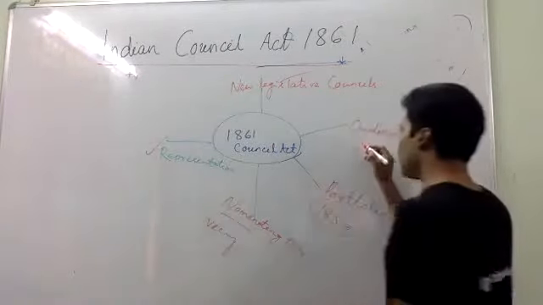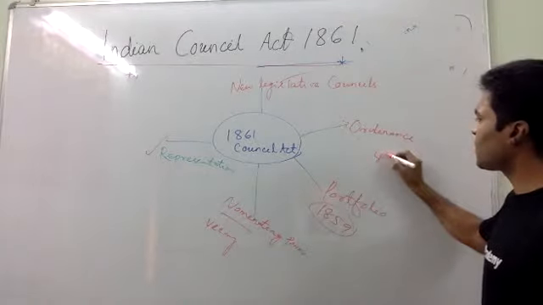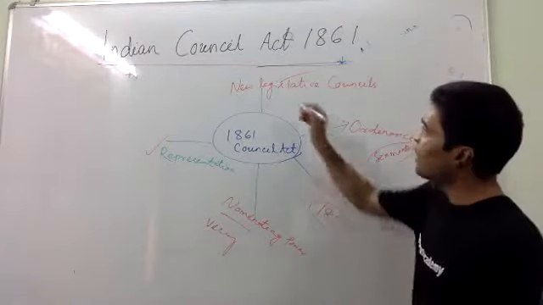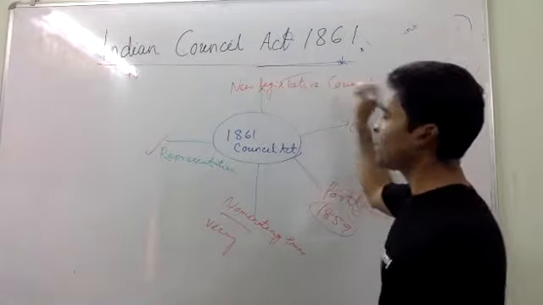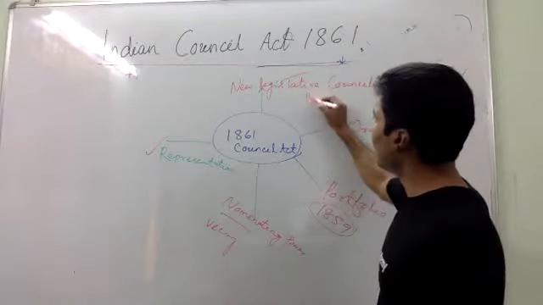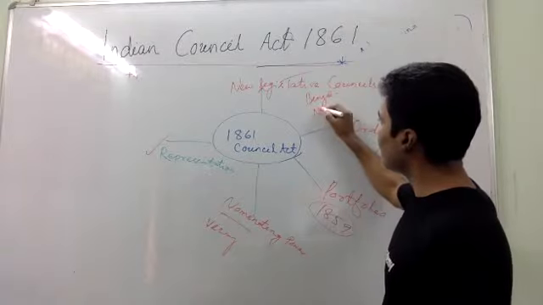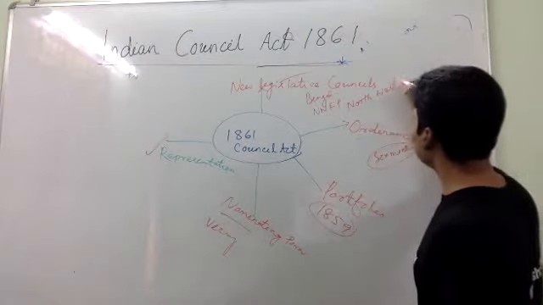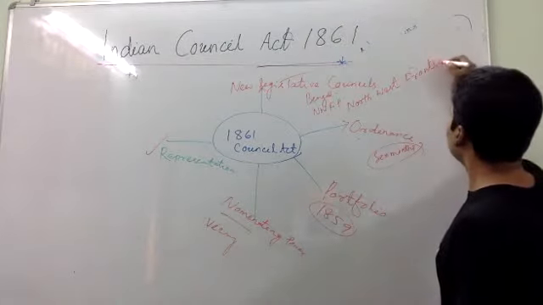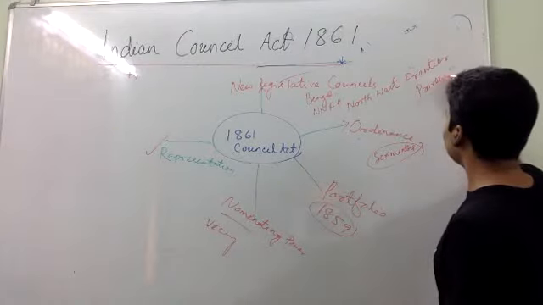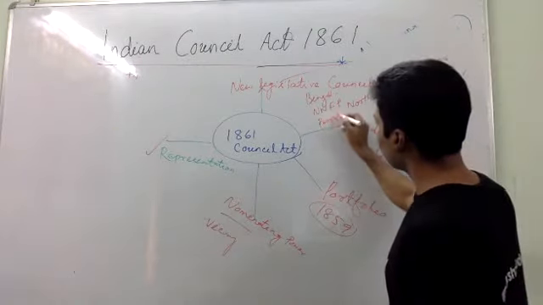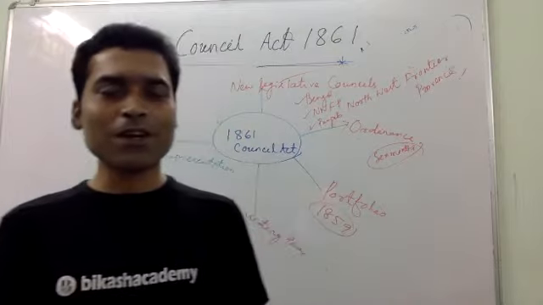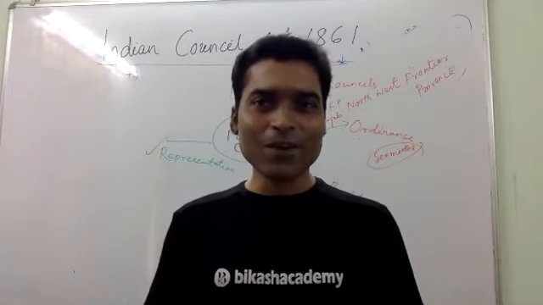Ordinance is a temporary law with a life of six months, and for the first time ordinance came in the 1861 Council Act. New legislative councils were created in Bengal, the Northwest Frontier Province, and Punjab. In this way you can memorize the 1861 Council Act. Wish you happy learning. Thank you very much.